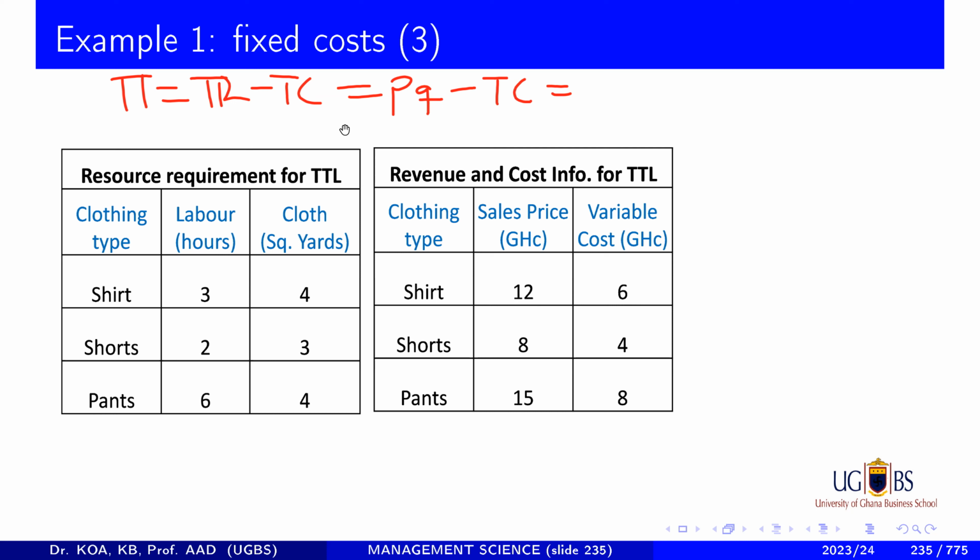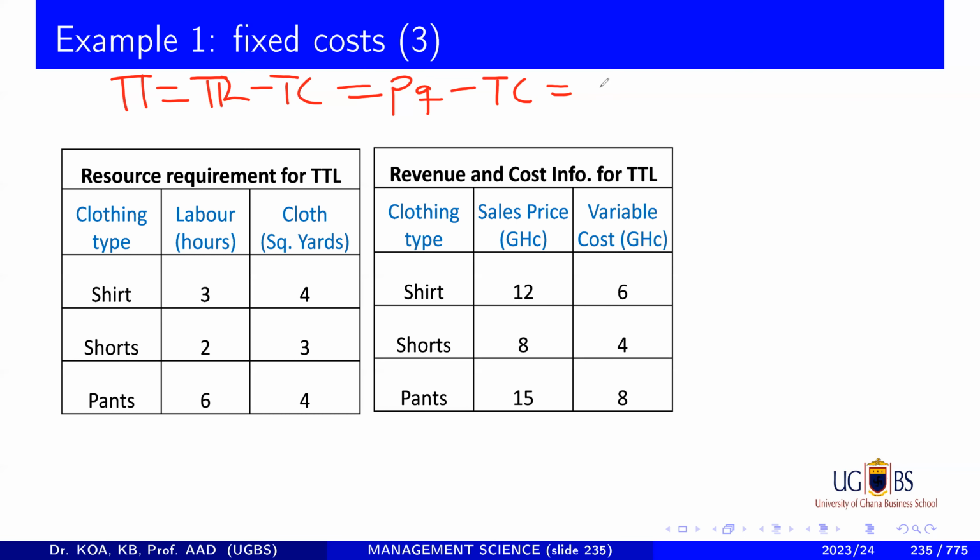Yes, let me see the hands that have been raised. Yes, Matt. So for shirts, the price will be 12 Ghana cedis. Good. No, you would not know the quantity.